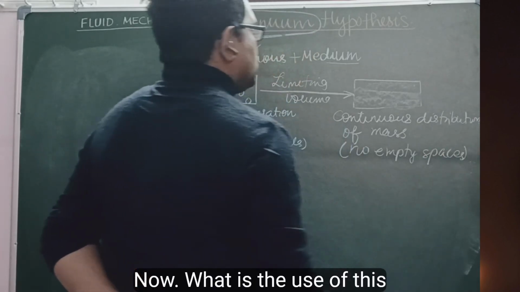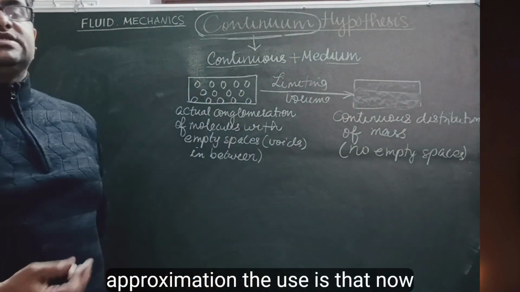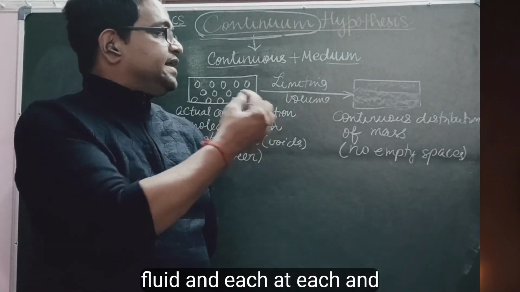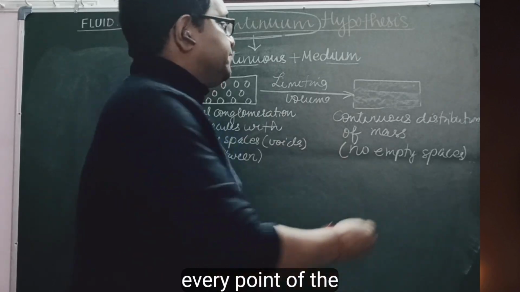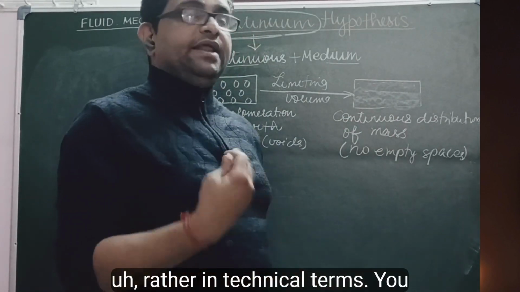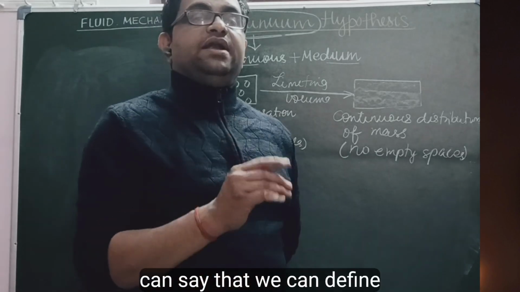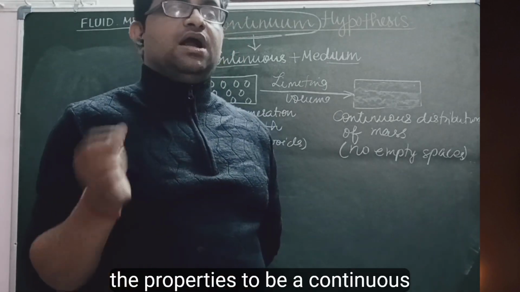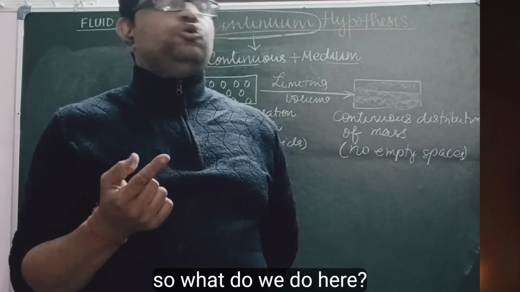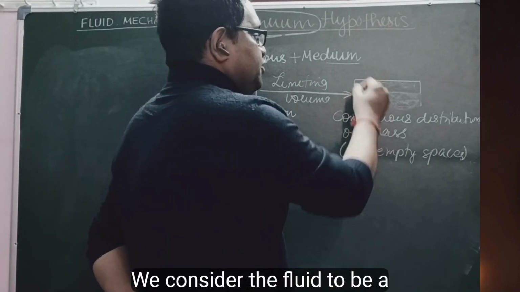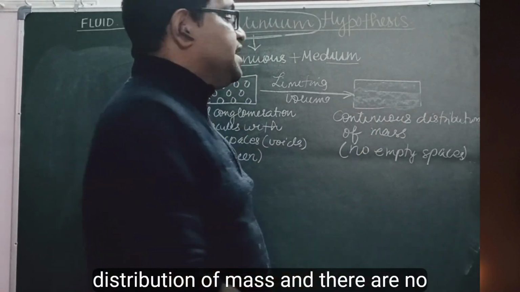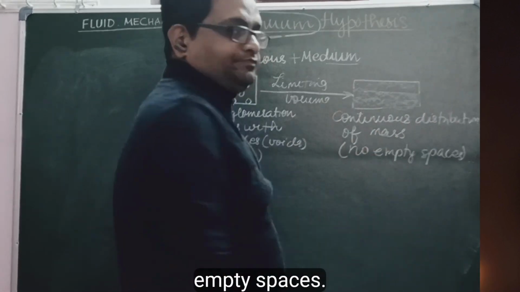Now, what is the use of this approximation? The use is that now we can define the properties of the fluid at each and every point of the given volume, or in technical terms, we can define the properties to be continuous functions of space and time. So we consider the fluid to be a continuous distribution of mass, and there are no empty spaces.